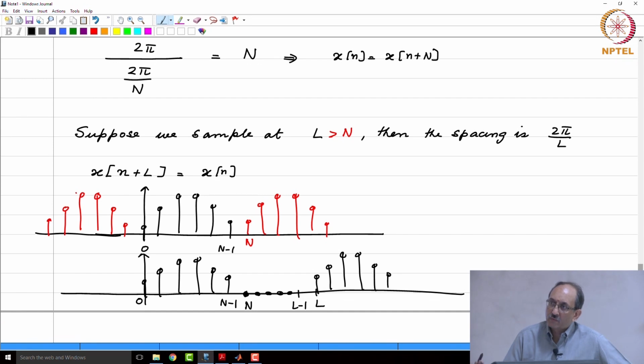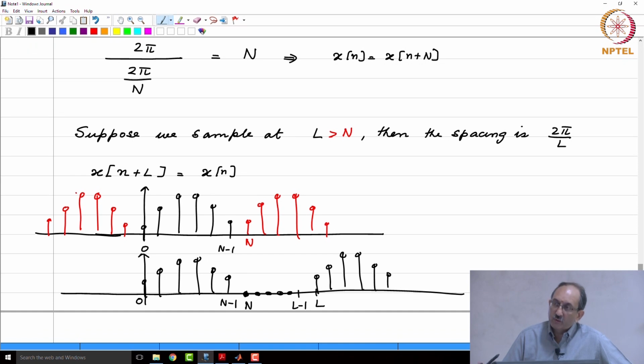Because one way of seeing this is the signal is time limited from 0 to n minus 1. If you sample it at n points, the repetitions will occur with a periodicity of cap n, which means the repeating periods won't overlap with each other, correct? That is the minimum. So which again correlates with the fact that you need a time limited signal for you to sample in the frequency domain so that the repetitions do not overlap, provided you sample adequately.